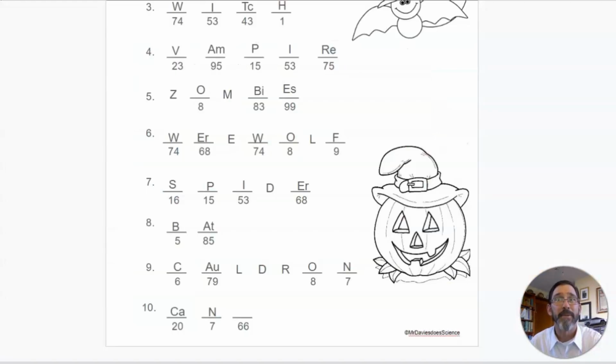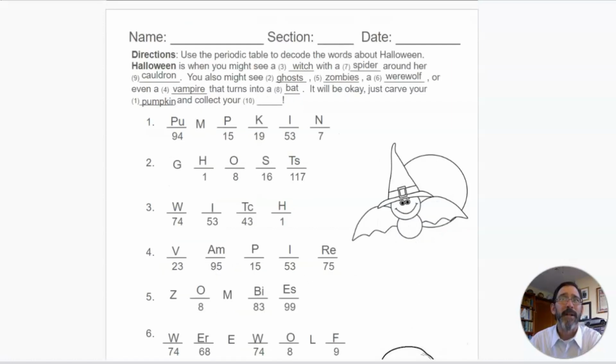Place a capital letter D with a lowercase y above number 66, and you have finished the final word, possibly your favorite part of Halloween, candy. Please do not forget to visit the top of the page and fill in number 10, the word candy.